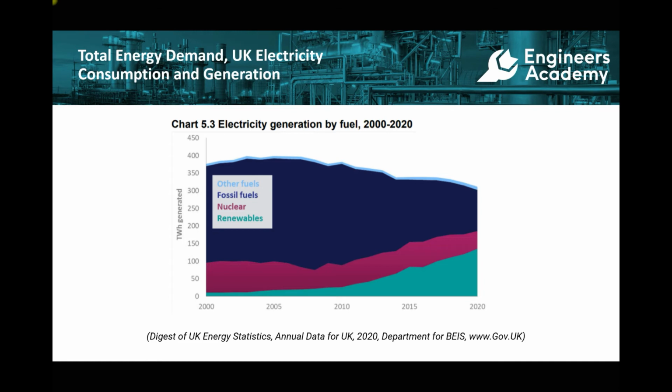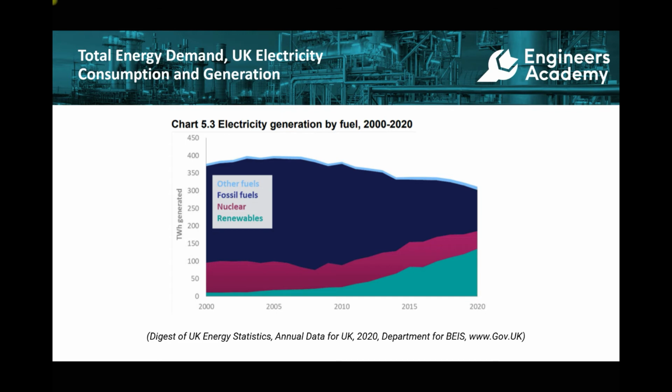Now, if we look at the UK's roadmap for the uptake of renewable energy, the plan is to have all of our electricity generation coming from renewable energy sources by the year 2035. By the year 2035, the intention is to decarbonise, or eliminate the use of fossil fuels, for the generation of electricity. So here we see at present around 120 terawatt hours of electricity being generated from renewables.